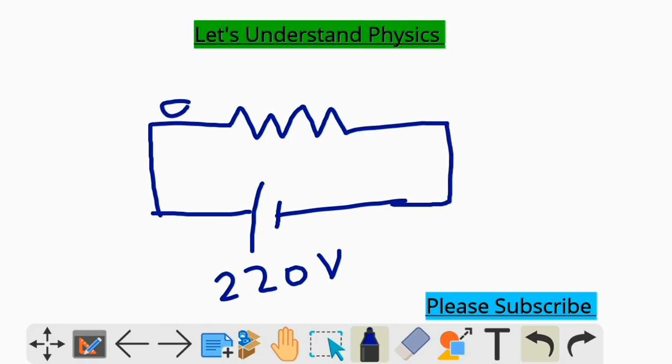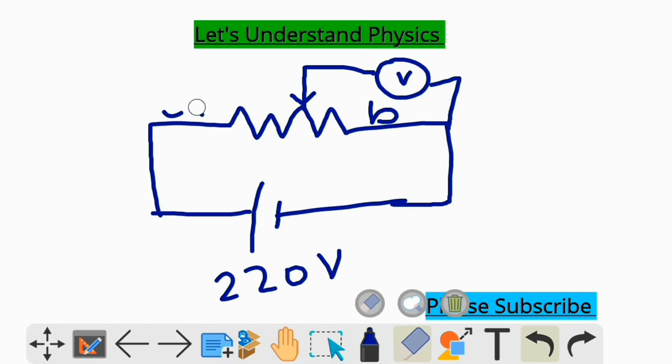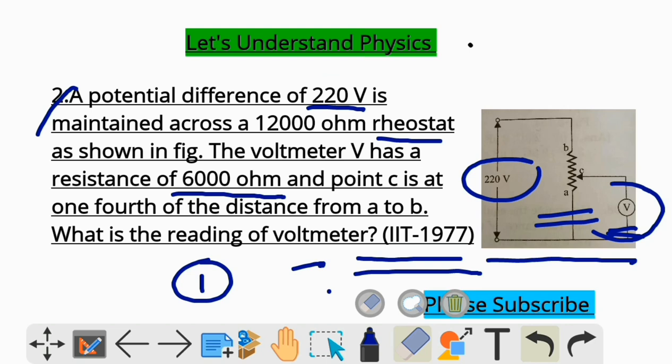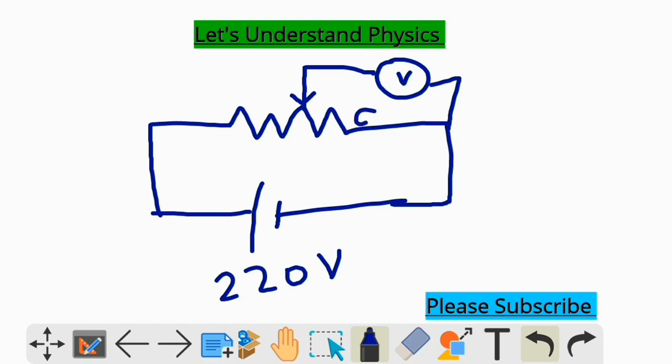Here they have given A and B, but from some point which is C, there is one voltmeter connected. Sorry, actually B is here and A is here. In the diagram, observe here, A is here and B is here. So A and B, and this point is C.